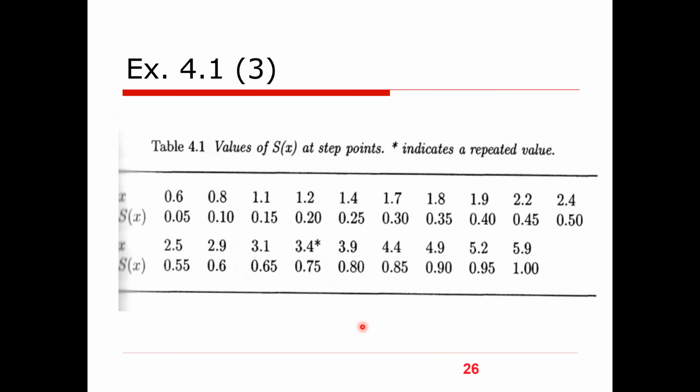The asterisk means there are repeated observations. So there are 2, 3.4. Therefore, the step size is doubled here, which means the Sx is 2 times 1/20 versus its previous one.